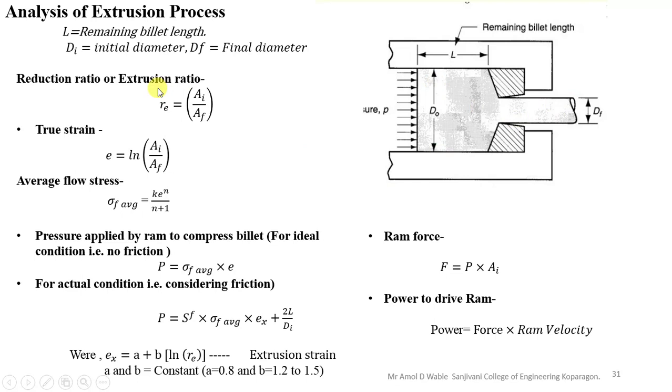The reduction or extrusion ratio can be given as the initial area, that is pi by 4 d square, to the final area, that is pi by 4 df square, as you consider this a circular cross section. If it is a square, then again the area will be side square.